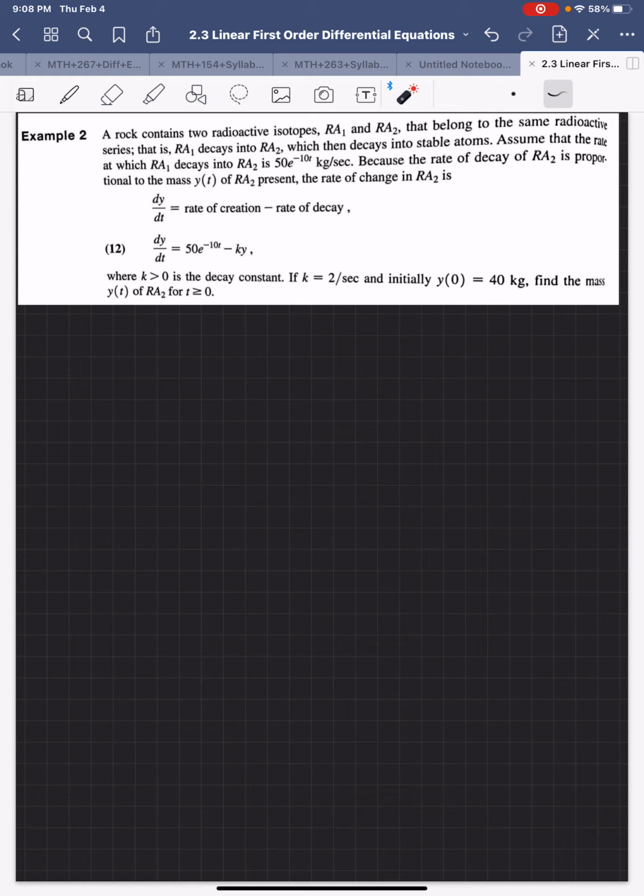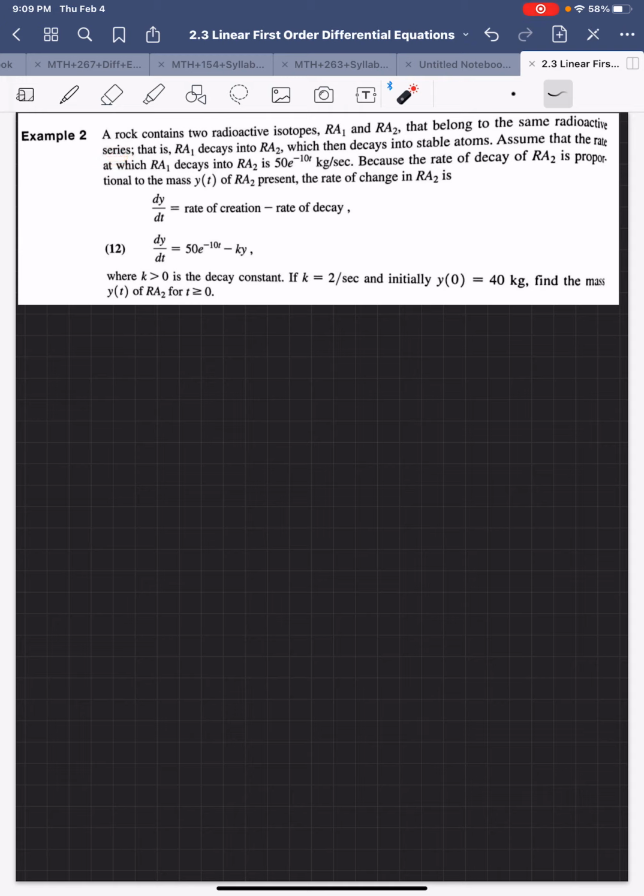So let me just read. It says a rock contains 2 radioactive isotopes, and here is the label for these 2 radioactive isotopes, that belong to the same radioactive series.